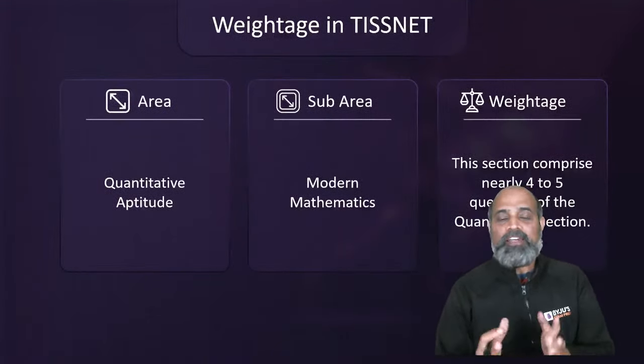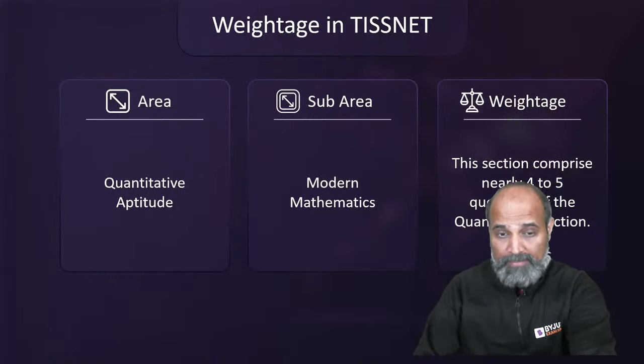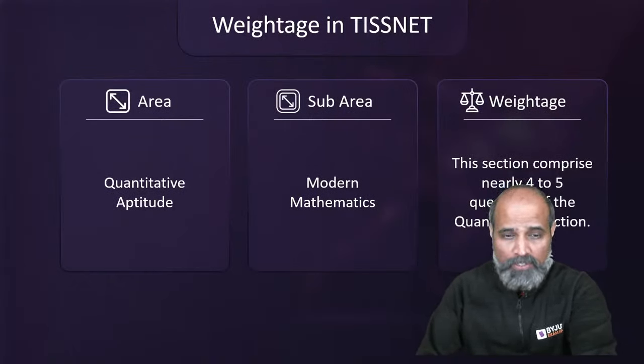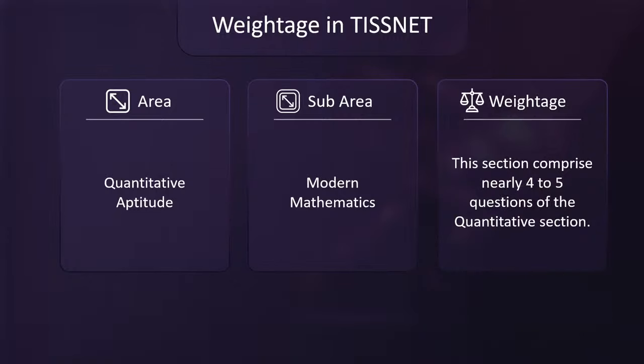So what is the weightage of this particular topic in TISSNET? It comes under the area QA. The sub area is modern mathematics that contains PNC, probability and set theory, like I said.